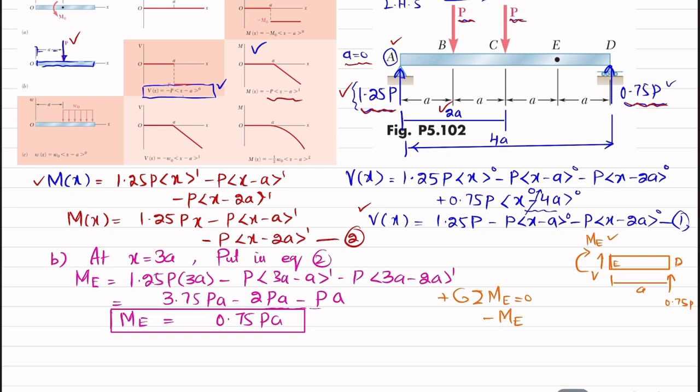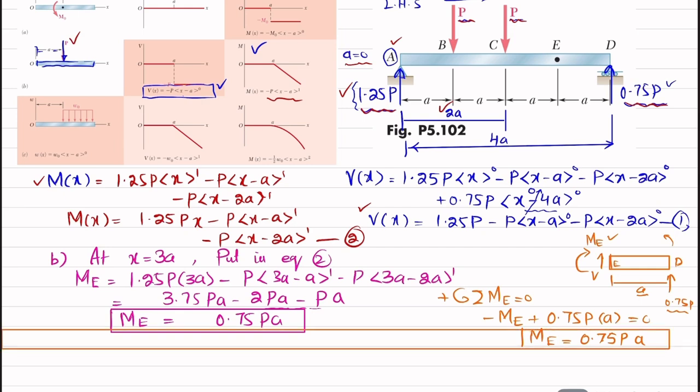Another moment is due to 0.75 into perpendicular distance A, and this is producing counterclockwise moment, so it will be positive. So 0.75 times P into A minus ME is equal to 0. So it means that moment about point E is equal to 0.75 times PA.